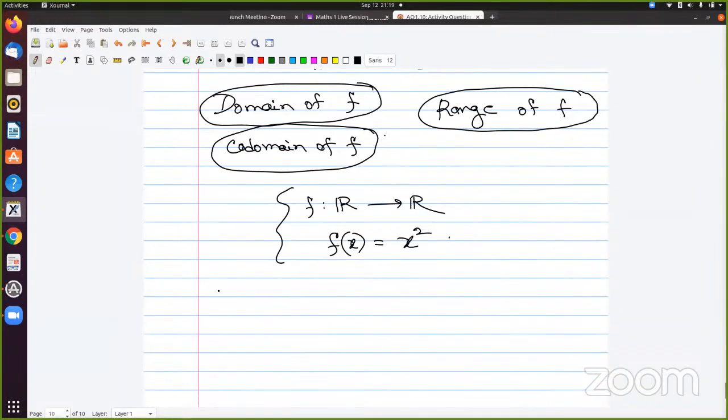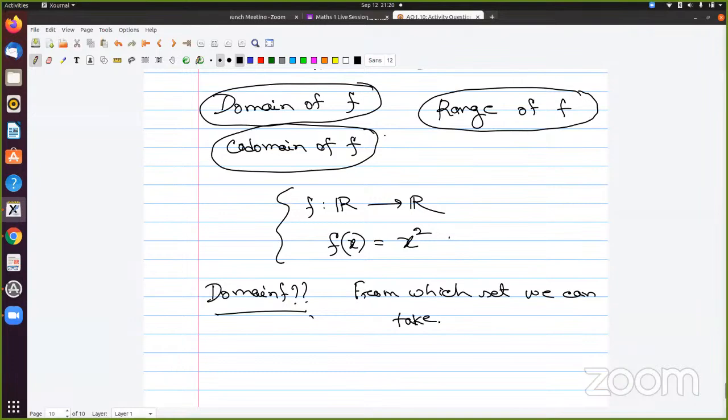So first of all, what is the domain of the function? Domain means from where we can take input, from which set we can take the input. From set A. So here, what is that set?